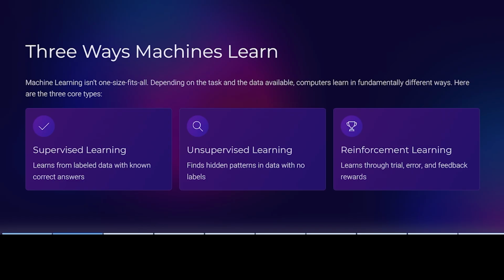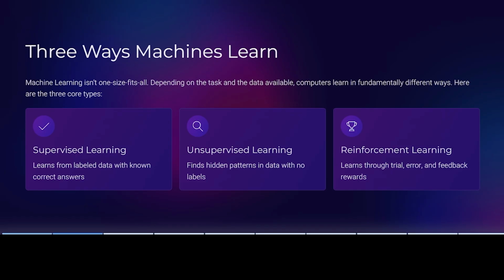Unsupervised learning is like a scientist finding patterns in data; he does not study, he naturally finds the patterns in the data. And reinforcement learning is like a child learning to ride a bicycle.